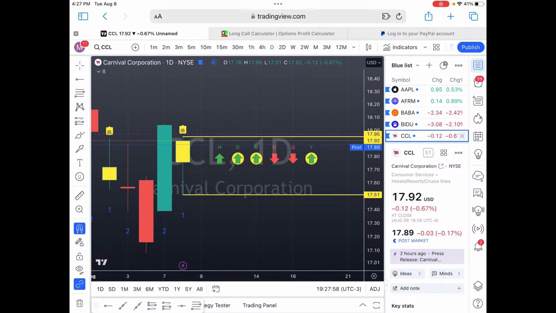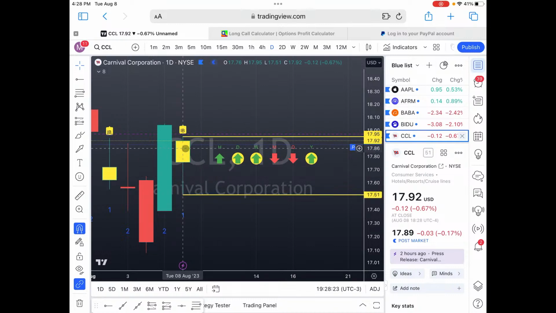So CCL is usually cheaper, Ford's cheaper, NEO is cheaper, Coca-Cola I think is cheaper, and hey Nikia, how's it going? And CCL doesn't really move as fast. So if you want some time and you want to watch it play out, it doesn't move as fast. The premiums don't burn up as much. So that's something to take into account for CCL.